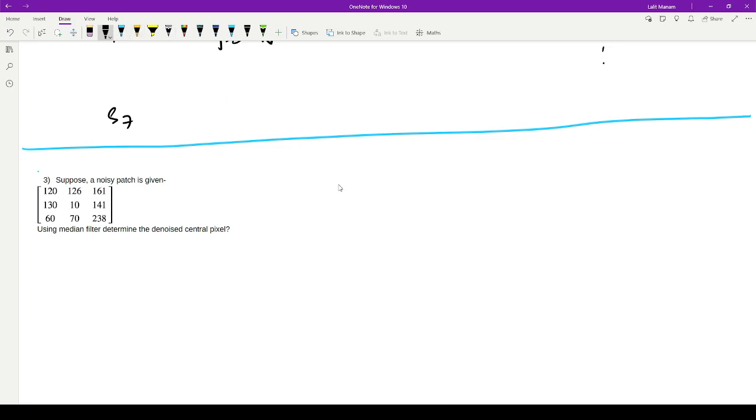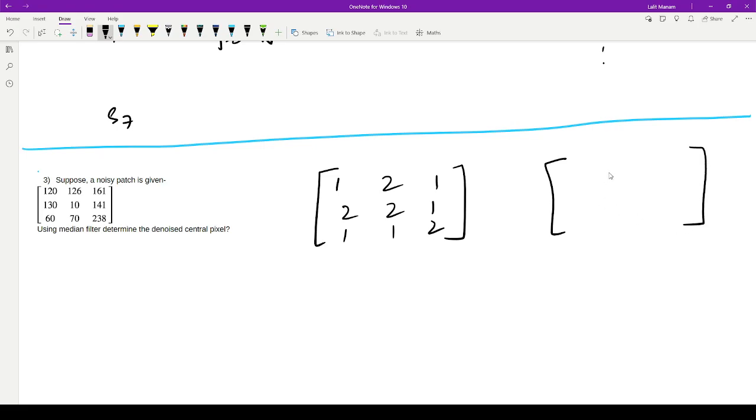Okay, so I'll give two examples. The first is some image patch which looks like this, and the other is a noisy version. I assume that it just has three values. The noise here is like, instead of 1 it goes to 0.